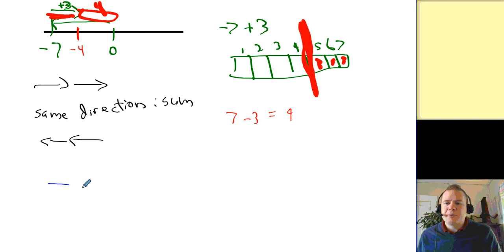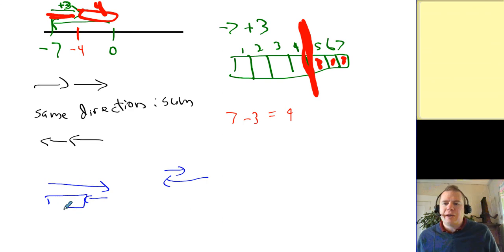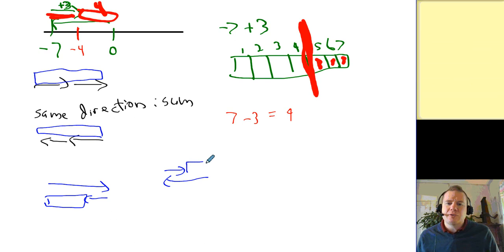If they're going in the same direction, that's going to be a sum. But if they're going in opposite directions, what's left is finding that missing part at the end, right? If they're going in the same direction, I'm getting more and more positive or more and more negative. But if I went really far negative and then back towards 0, my answer is going to be reduced a little bit. From 7 back down to 4 in the negative. Or from 7 back down to 4 in the positive.